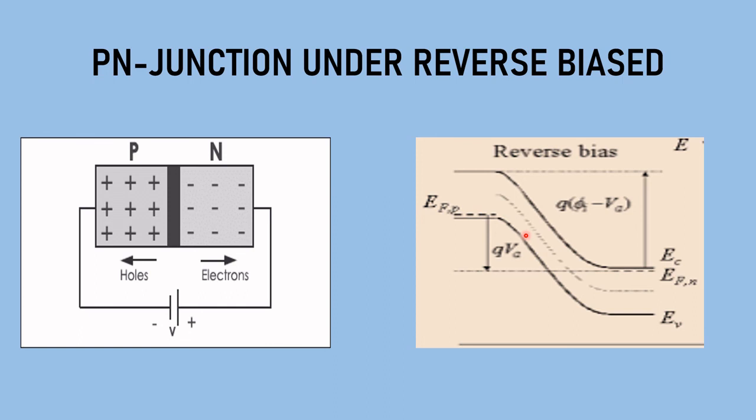The difference between the two is equal to the applied reverse bias voltage, EVA or QVA. So this is the energy band diagram of PN junction under reverse bias condition.